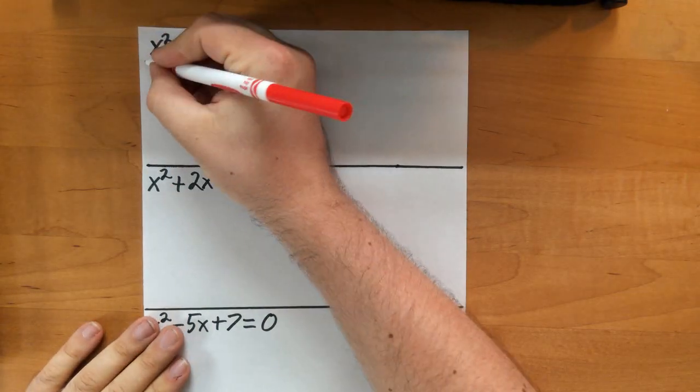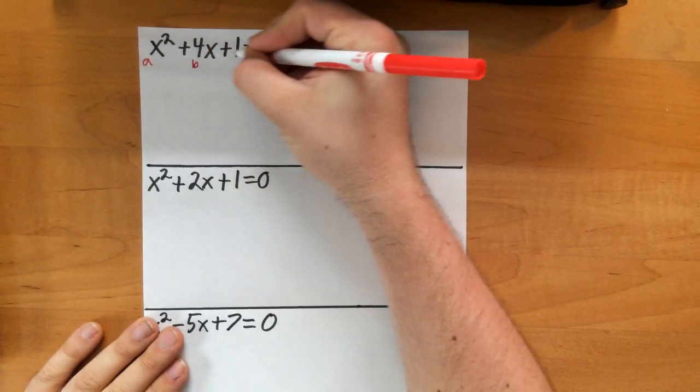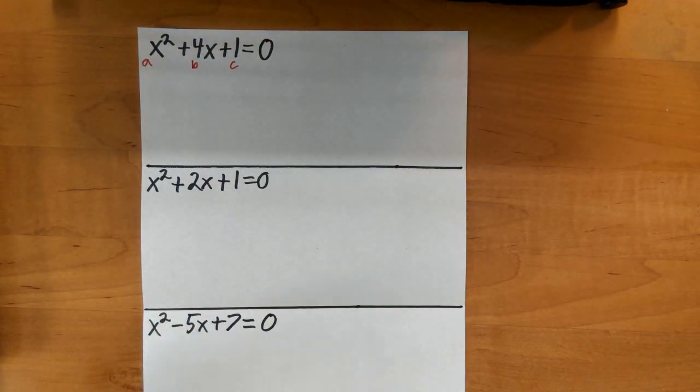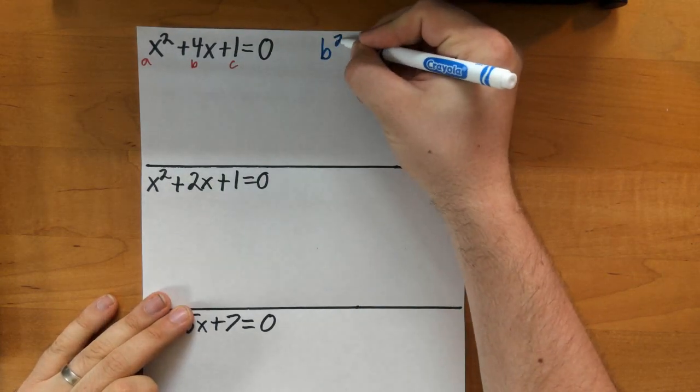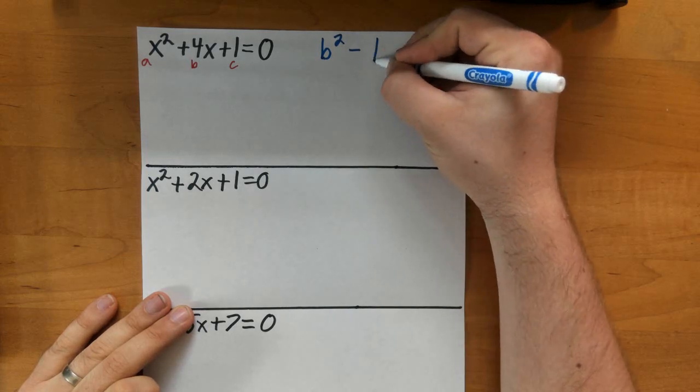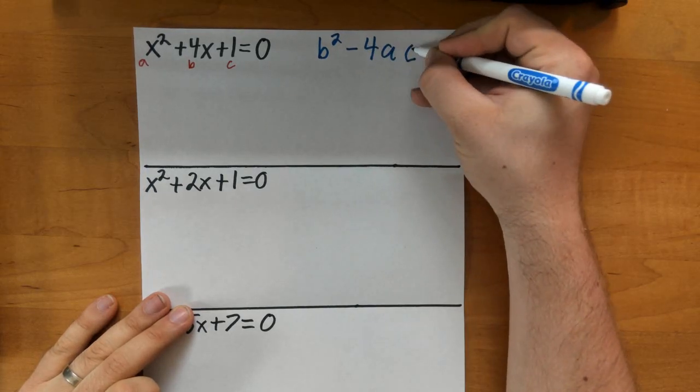And I always like to just write a little a, b, and c underneath it, so I know which values are which. As mentioned, the discriminant that we're using is b squared minus 4ac.